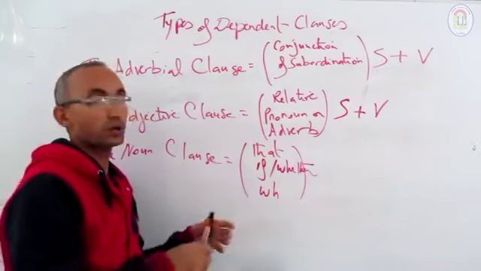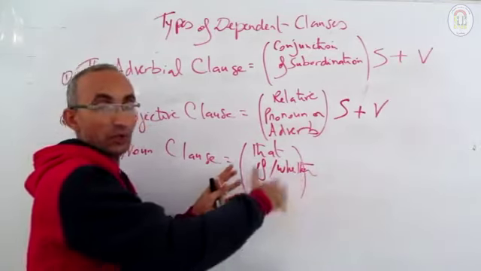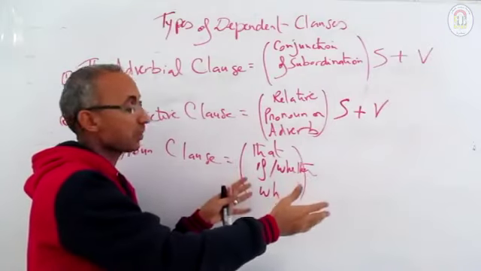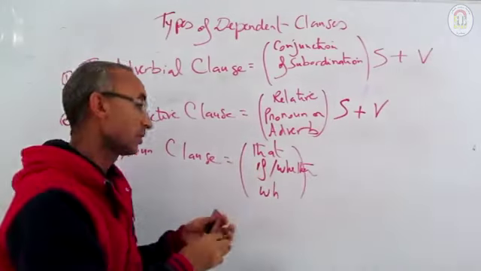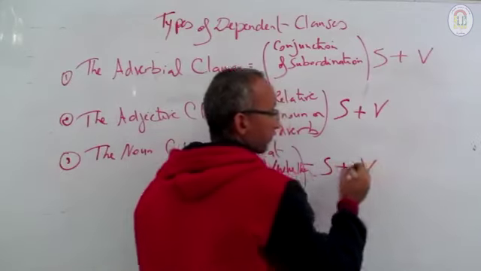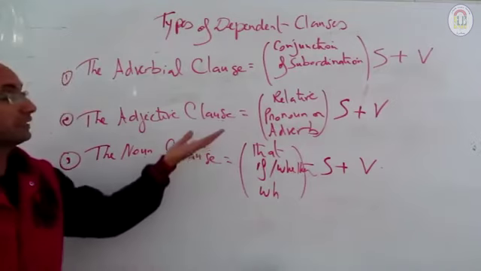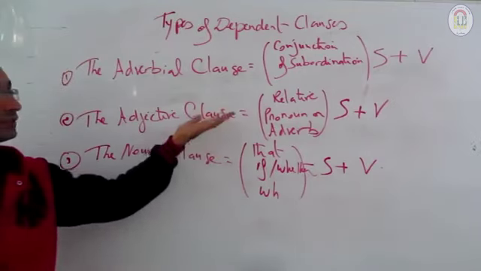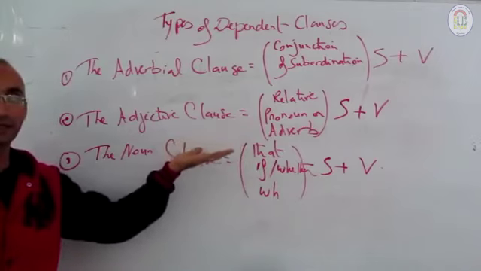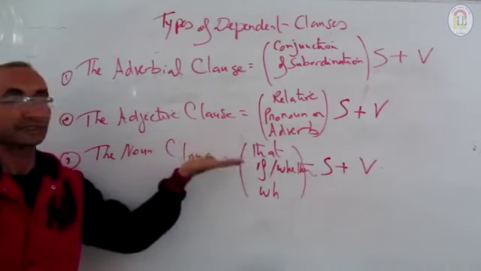Or, of course, always when they come as a direct object for the answer of what, or as subject for the answer of who or what also. Clear? Always followed by subject plus verb.